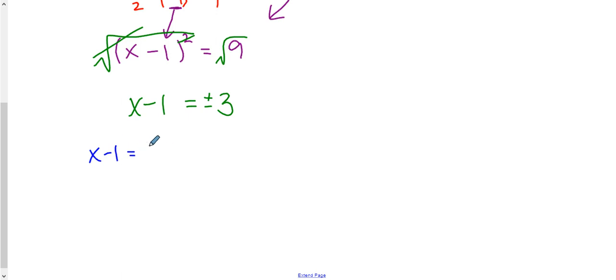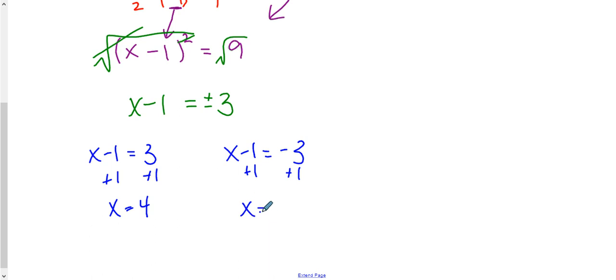So I have x minus 1 equals +3, and x minus 1 equals -3. And now I can solve for x. On the left-hand side, I'm going to add 1, so x equals 4. The other side, I'm going to add 1, and x equals -2.